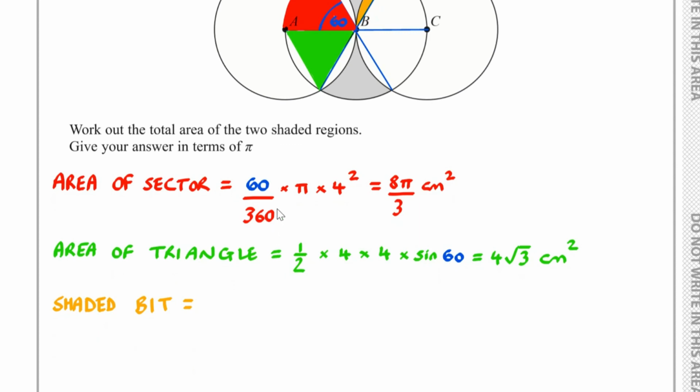So we have the shaded bit equaling 8 pi over 3 subtract 4 root 3, and then we have the units of centimeters squared.